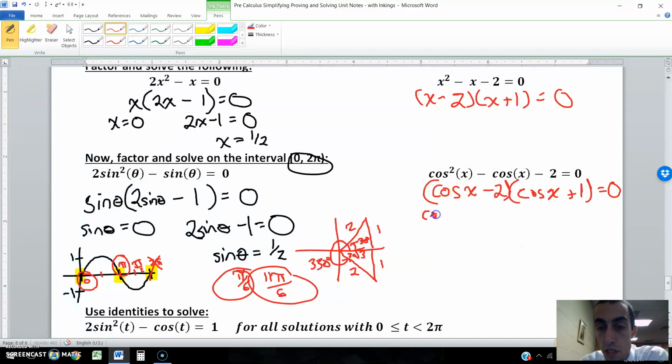Set each of them equal to 0. Erase the really messy 2. Then add 2 to both sides. Take away 1 from both sides.